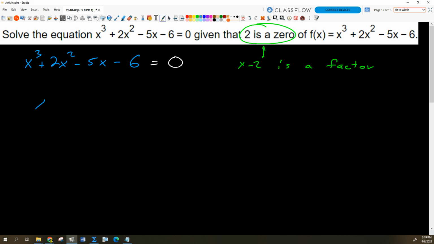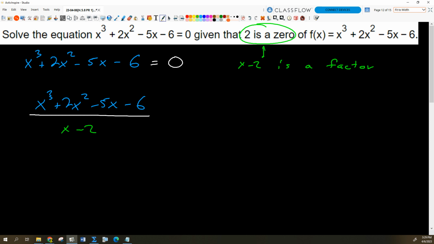We're going to take this blue polynomial, x cubed plus 2x squared minus 5x minus 6, and we're going to divide that by the factor x minus 2. What's the remainder going to be?